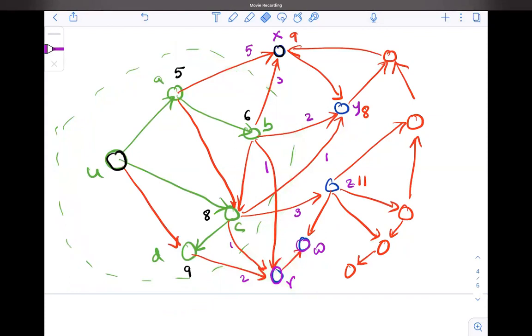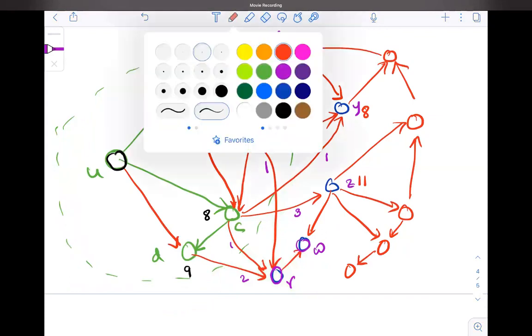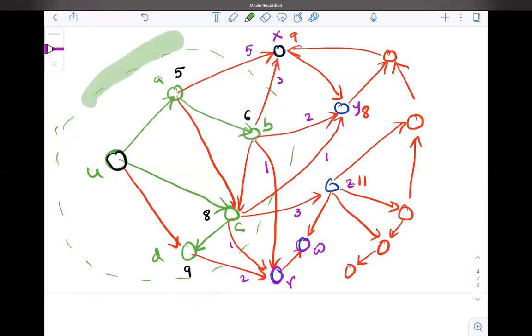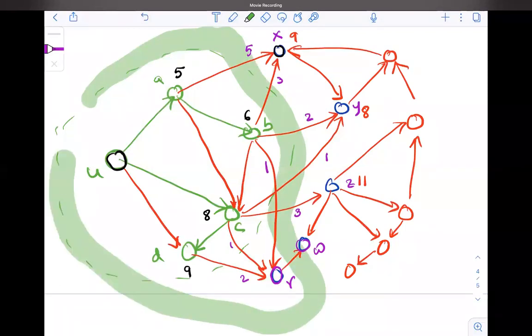I will update my boundary wall so that it includes R. And the path that I can take comes from here. Is this clear?